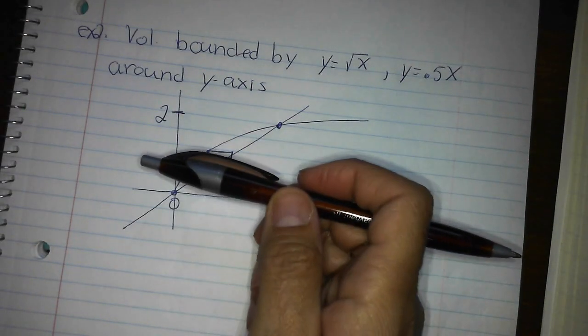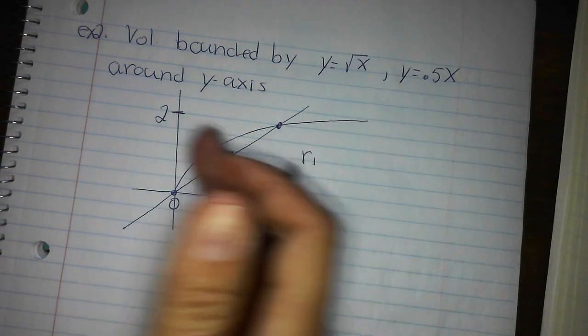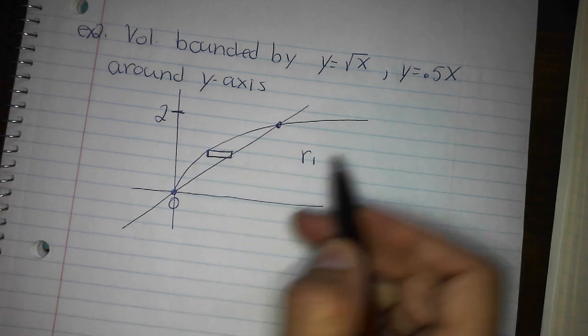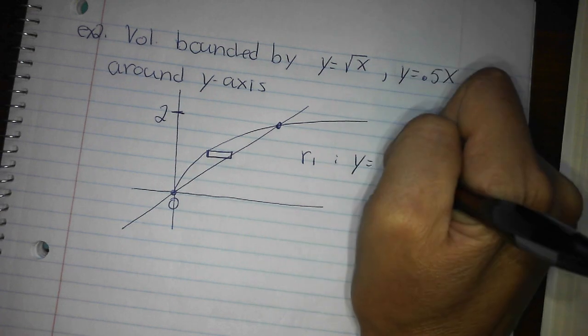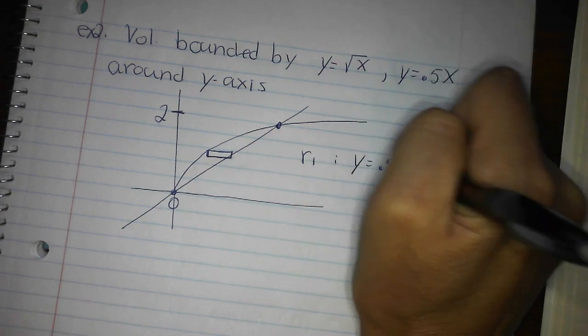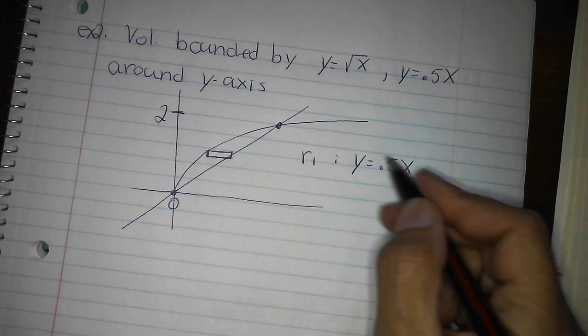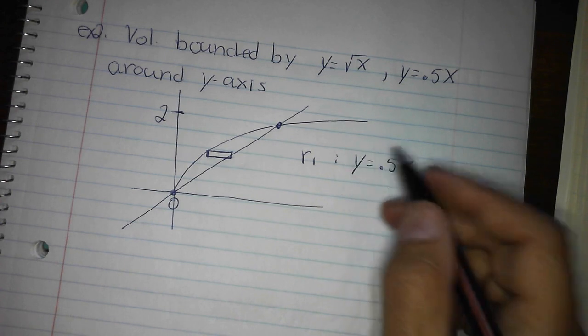Okay, so because my rectangle is horizontal here, just like before we would go right minus left, R1 is the right equation, so it's the line. So R1 is the y equals 0.5x. But remember, I need to see y's in my equation, so I've got to kick this around and get x equals. So dividing by 1/2 is multiplying by 2.